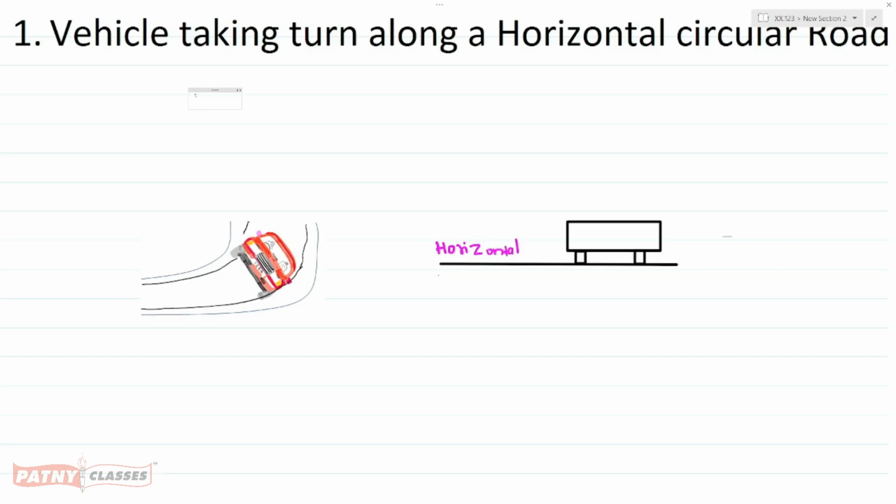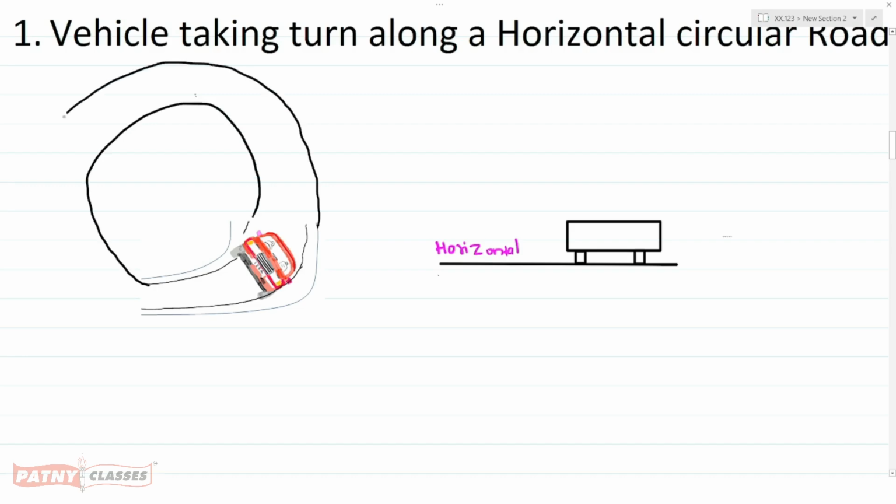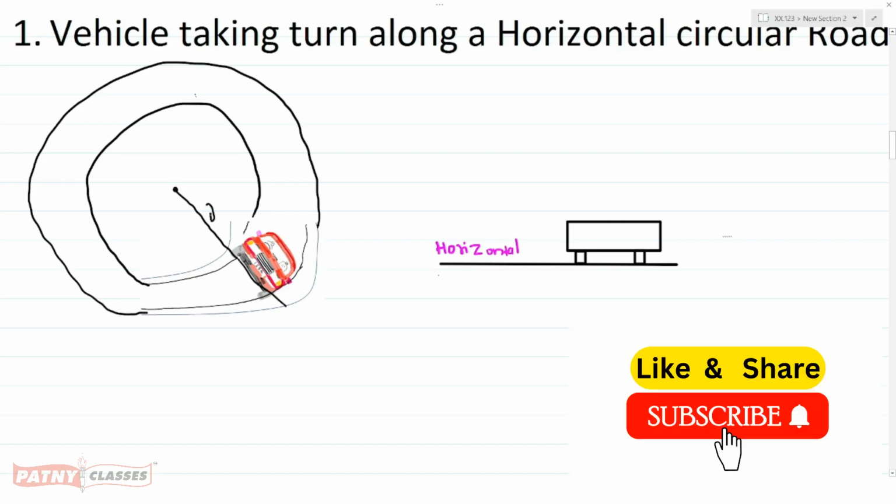First we'll understand a vehicle taking a turn along the horizontal circular road. This is a circular road, so we assume that it is a complete circle like this. In fact, it is not a circle, it is a part of the circle, but we assume that it is a complete circle. And this is R, the radius of the road.